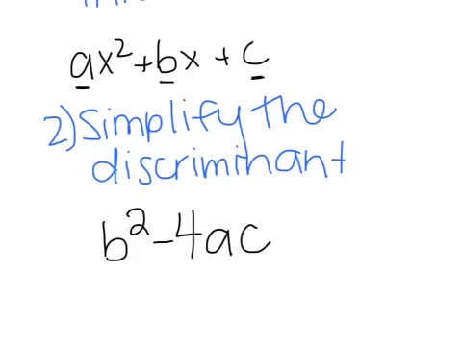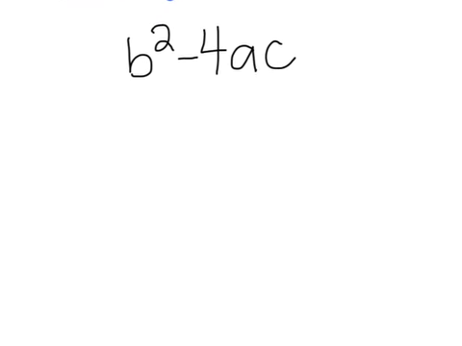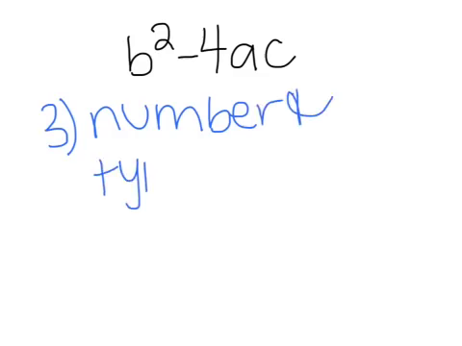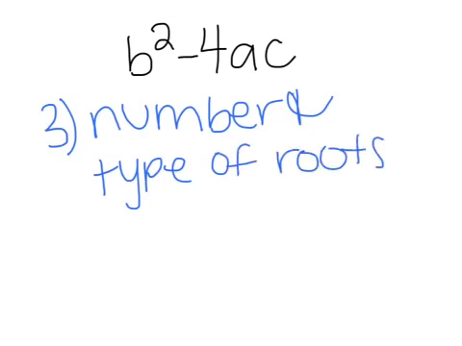So you're going to plug the a, b, and c values into the discriminant, and then you're going to simplify it. And the third and final step is you're going to determine the number and the type of roots based on what you solve for as the discriminant.